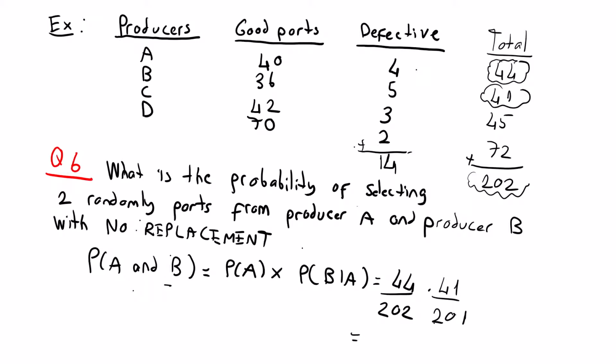That number becomes about 4.4%. You can make the calculation, and it's going to be somewhere around 4.4%. Remember, we've been dealing with OR since the beginning of this lecture, and this time we changed the scenario and used the AND term to find the probability of selecting two random parts from different producers.